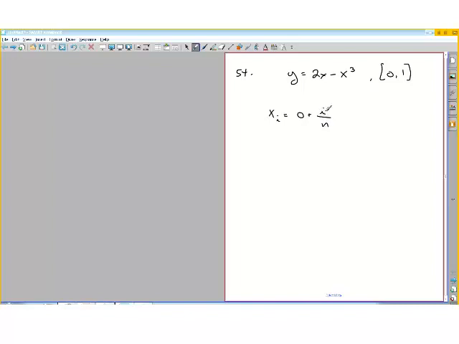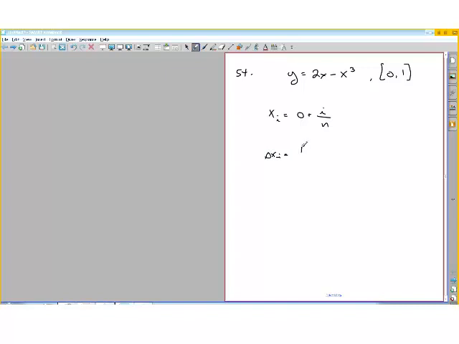And when I is equal to n, we get 1. So these are the values of x on the right-hand side of the interval. That's the value of x.